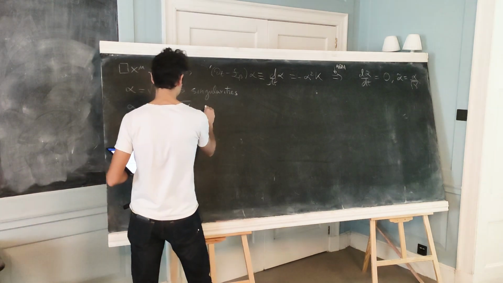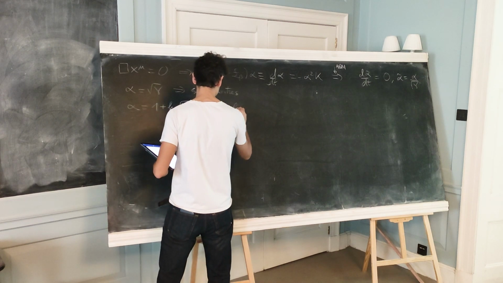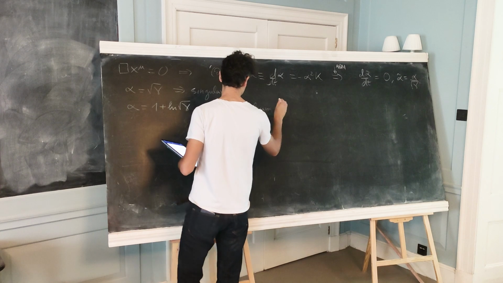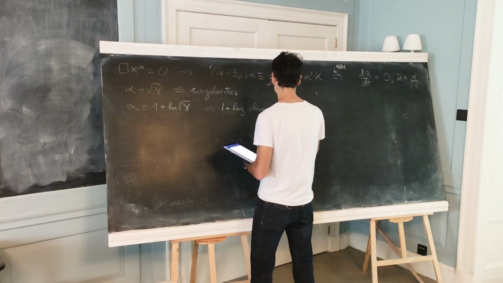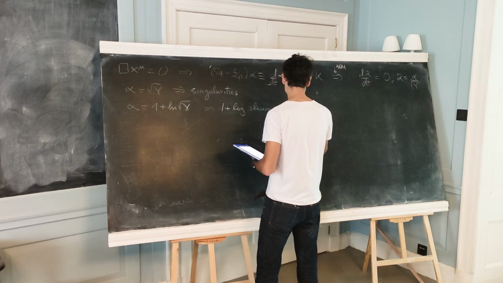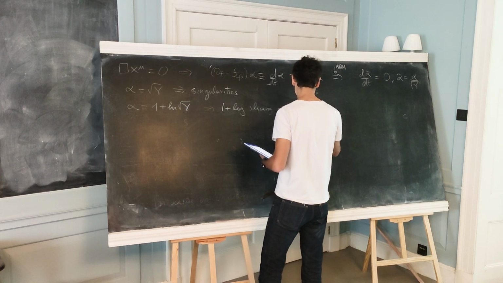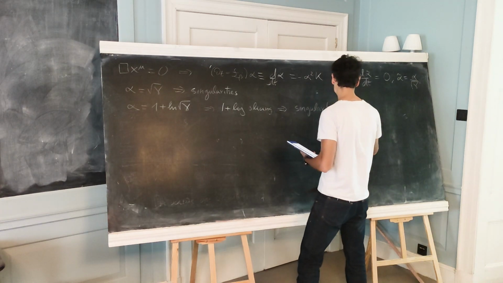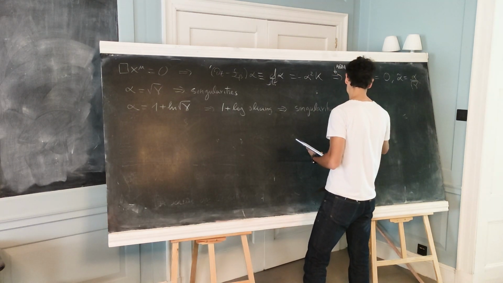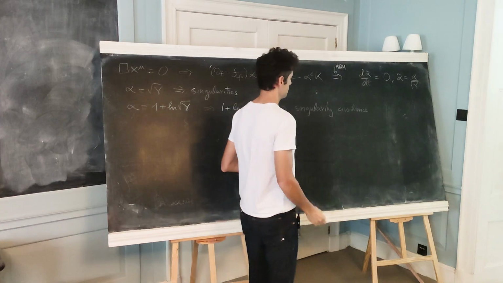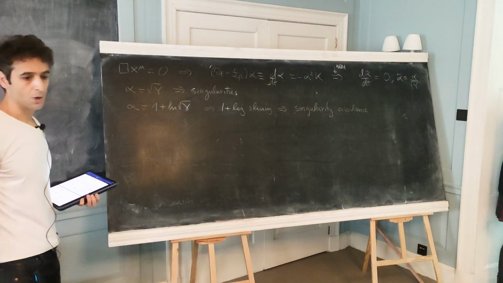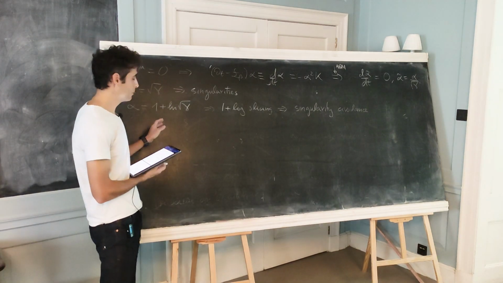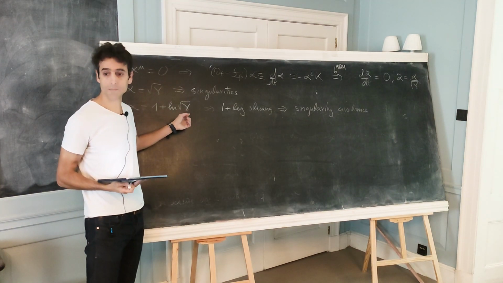And that's the famous 1 plus log slicing. That's good for singularity avoidance. Sorry, that's not true. But now we want to implement this as an evolution equation for the lapse.